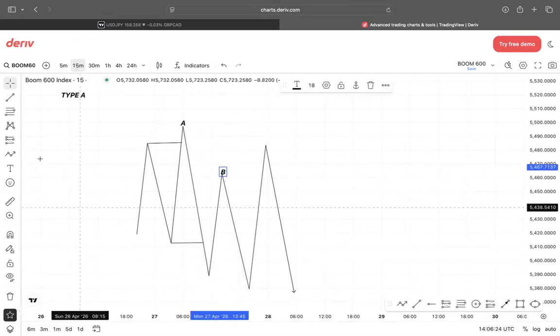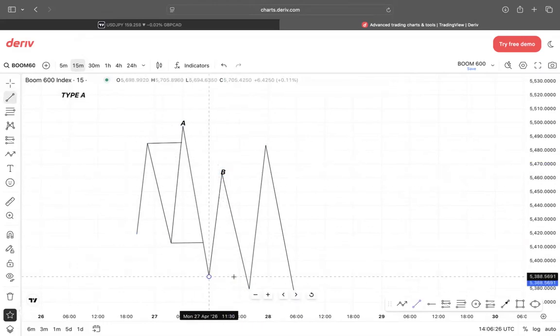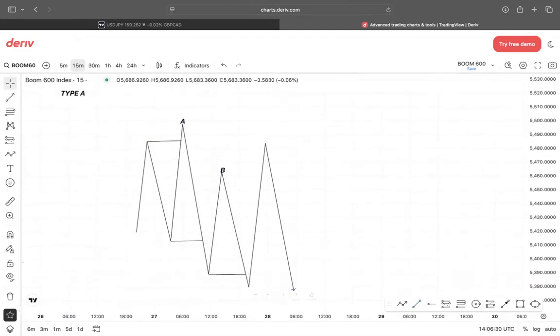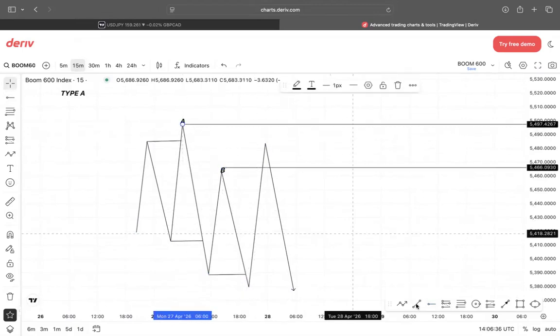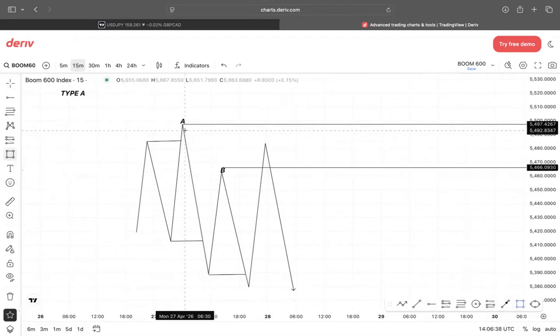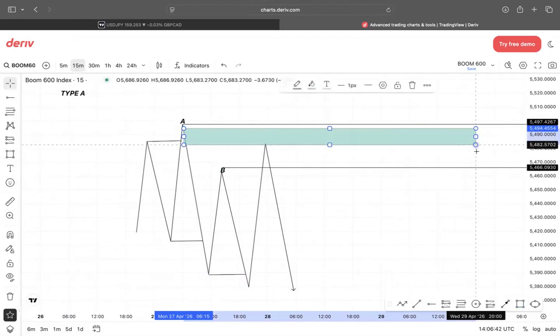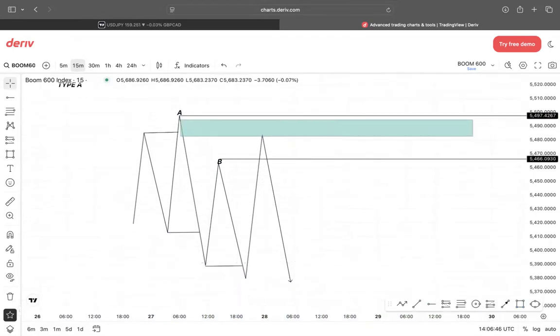And then price has to break structure to the downside. So we have these as well. That's our second break of structure. So here is our structural liquidity to be taken out. This is our point A. So our POI is in between A and B. So price has to come here and then boom to the downside.